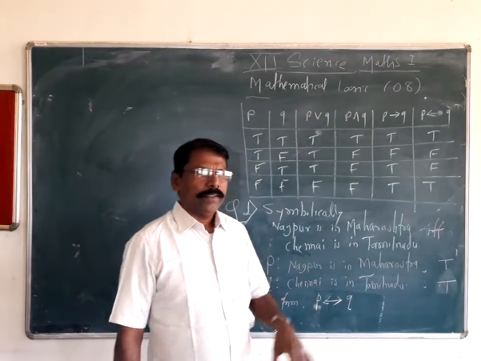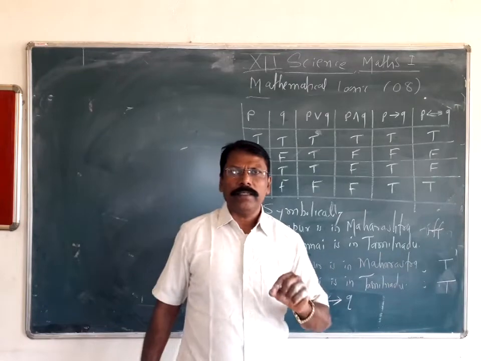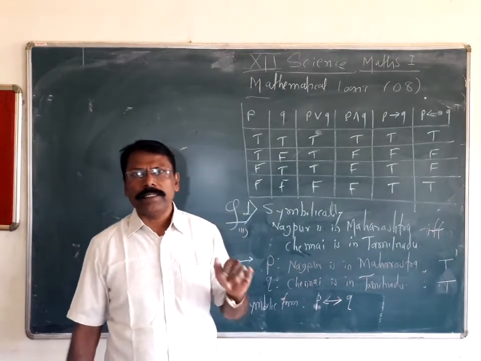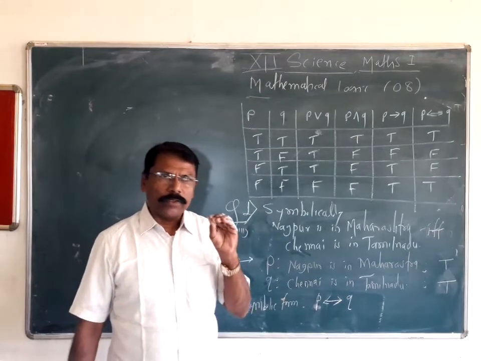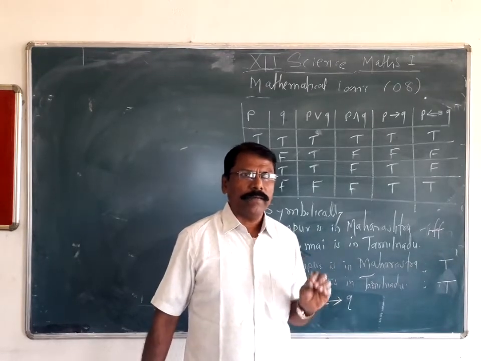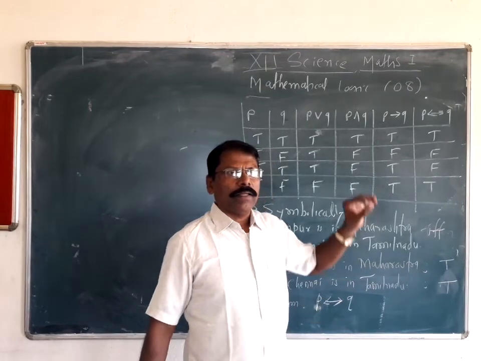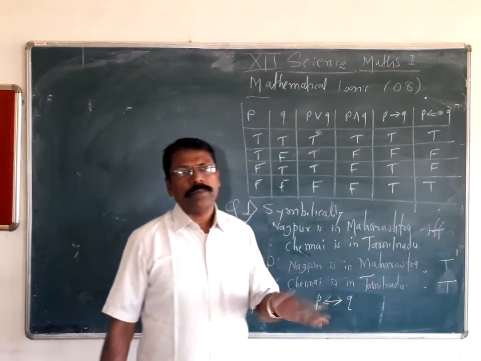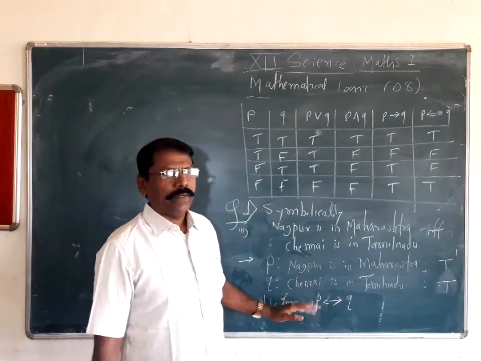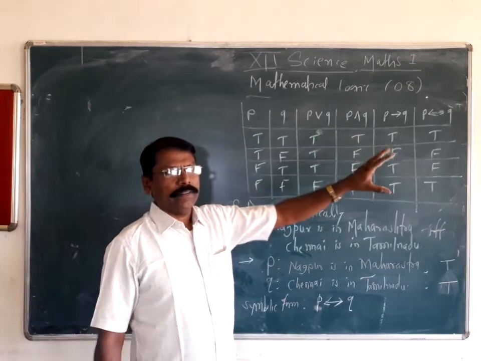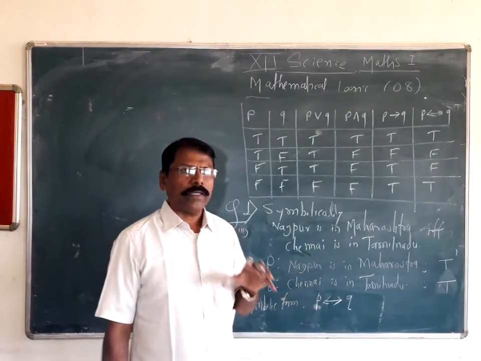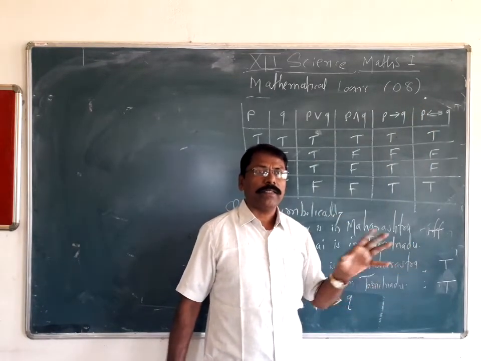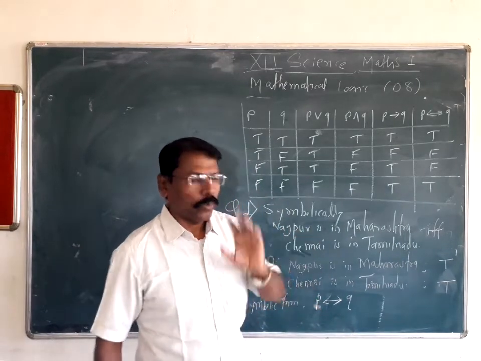These two tables are the key for the study of mathematical logic, especially statement patterns. I would like to tell you there will be a 100% question on statement patterns or truthness, or writing in symbolic form, or from symbolic form to verbal form. So this is the key. I am repeating again and again because we have to secure 8 out of 8 marks for the HSC board, and problems based on mathematical logic also come in JEE and CET.